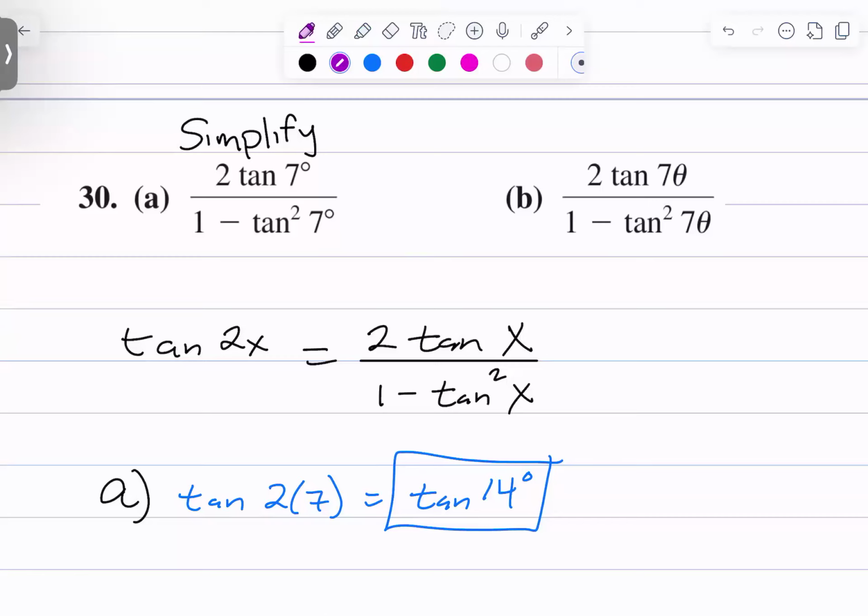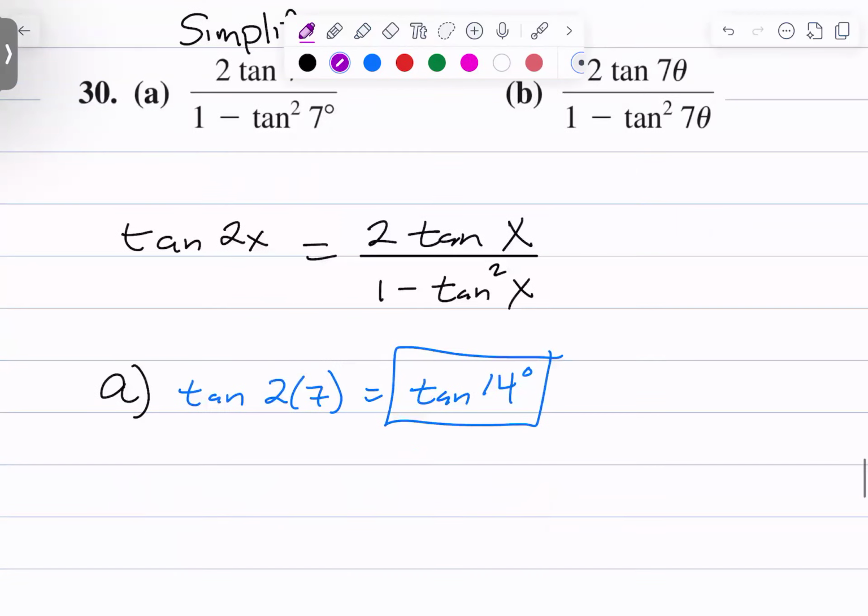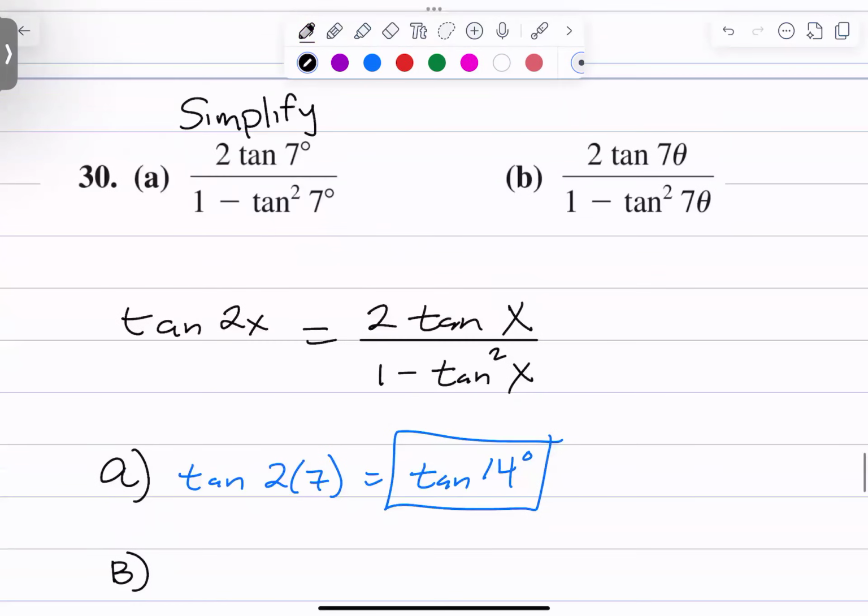So in this case, for part B, let's do this again. 2 tangent, 7 theta is x. 1, 1, minus, minus.